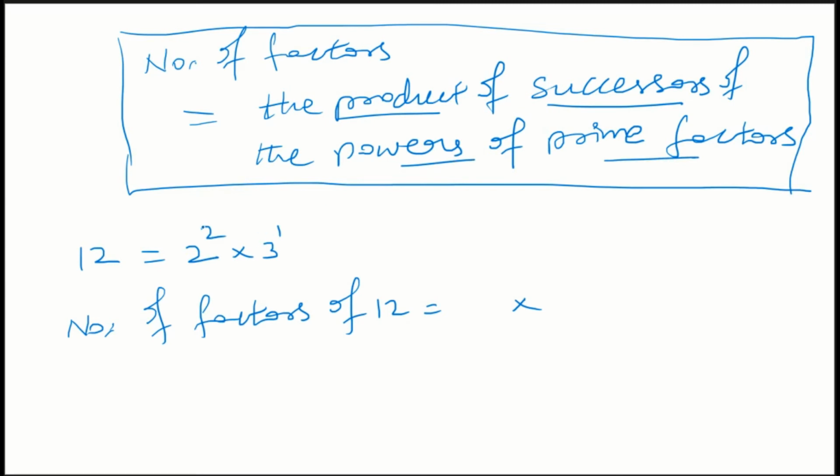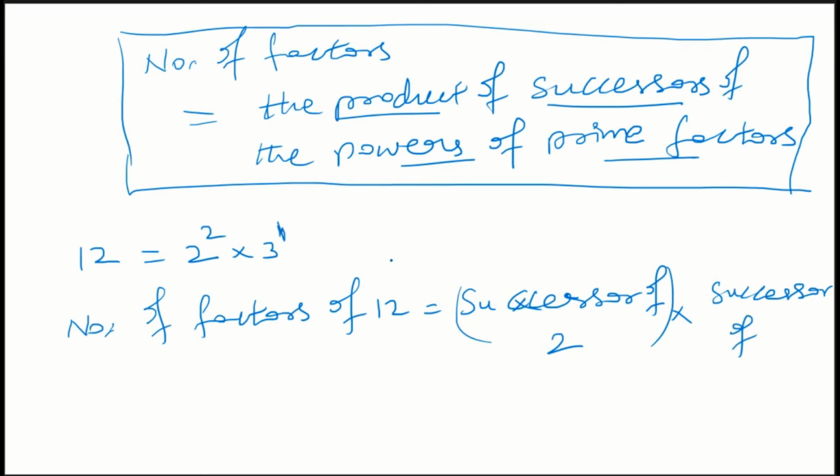Here the power of 2 is 2, and the successor of 2 is 3, multiplied by the successor of 1, which is 2. So 3 into 2 is 6. You'll get the number of factors of 12 are 6.